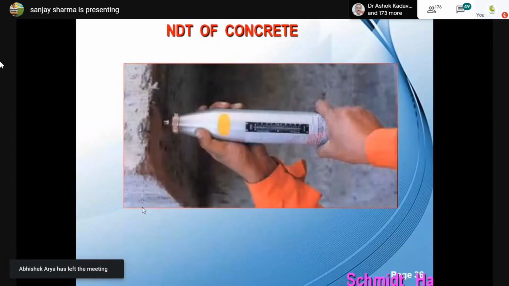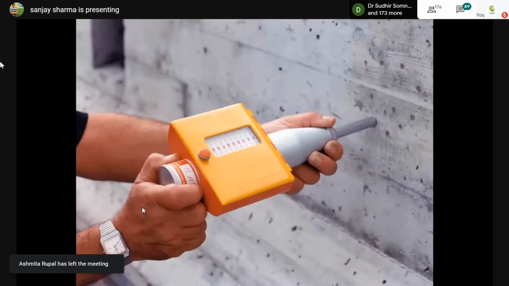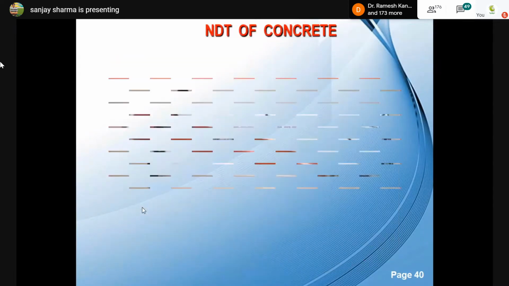So this is the N type, the non-recording type. And this is the P-type hammer, which is basically used for low strength concrete, where plaster work, or brick masonry also, this particular hammer can be used to determine the strength.